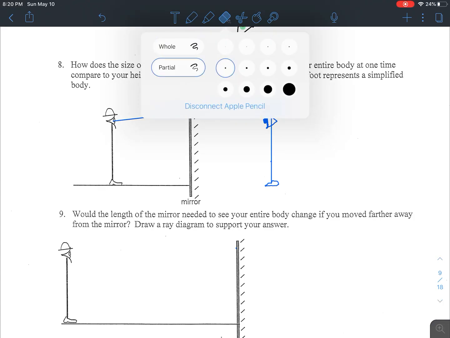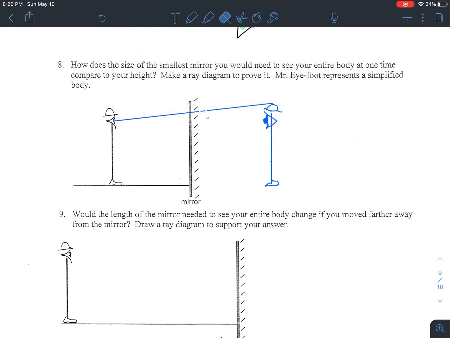But keeping in mind that that doesn't really happen, and to the right side of our mirror, it is a dashed line because that is not real light. Where that light is actually coming from is the top of the hat. Good enough. Bouncing off of the mirror and then going back to his eye. But it appears that it's coming from the hat.